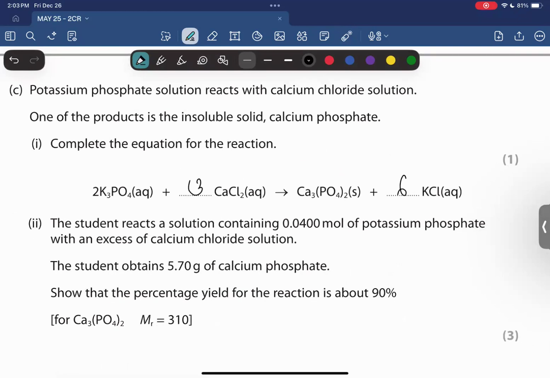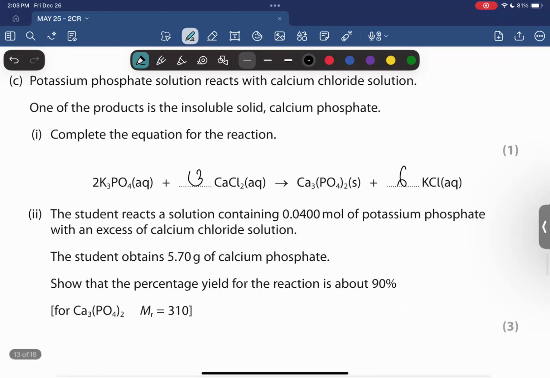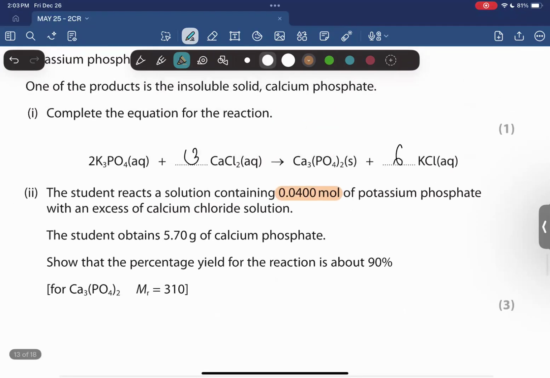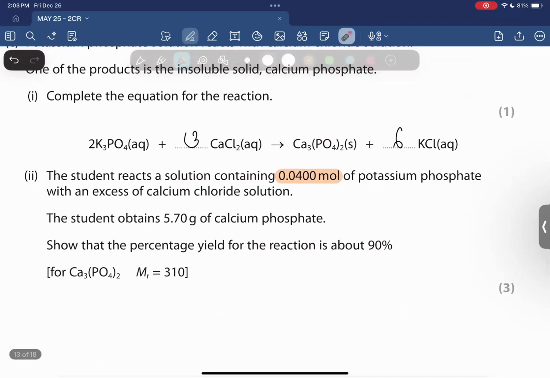Now, the student reacts a solution containing this mole of potassium phosphate with an excess of calcium chloride. Okay. We have the moles of it, right? Understood. And this is excess.